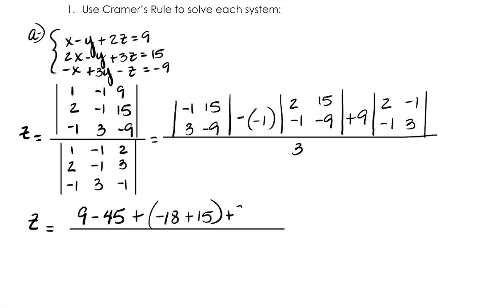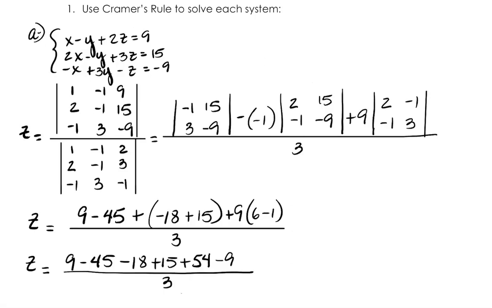And finally we have 9 that multiplies 6 minus 1, divided by 3. Now we can solve this to find z, and we get that z equals 2. So the solution to this system is x equals 4, y equals -1, and z equals 2.